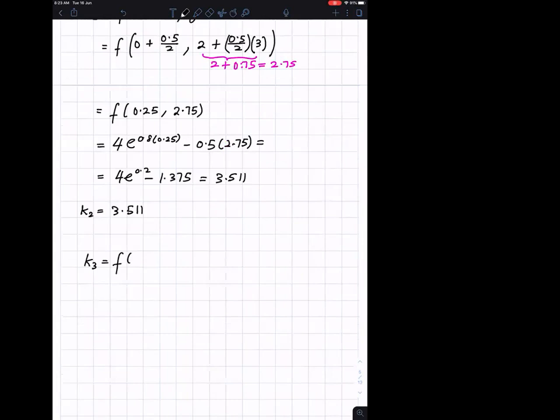K3 is f of the initial point plus half the step size, and y naught plus h over 2, which is half of a step size, multiplied by K2.